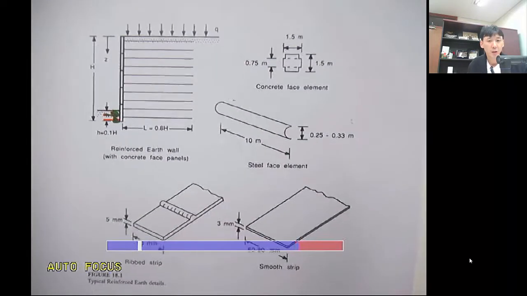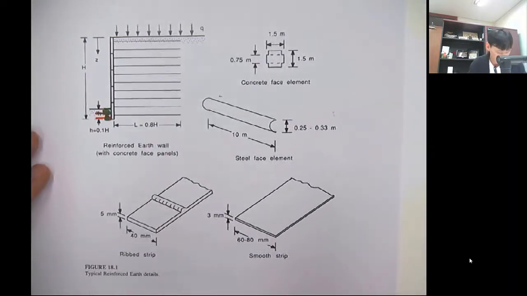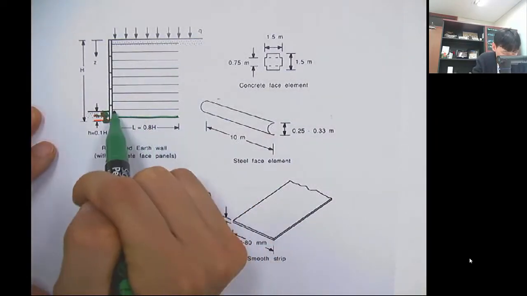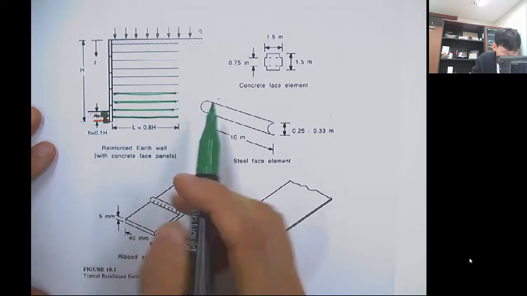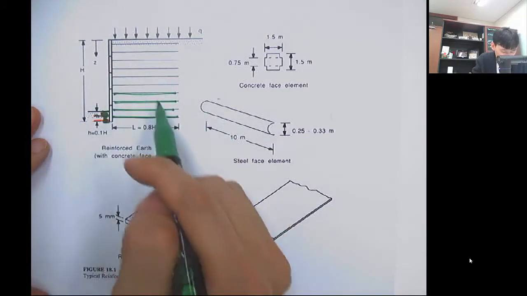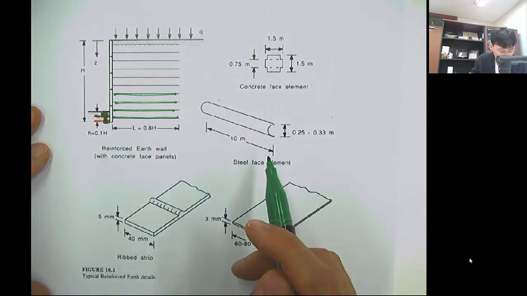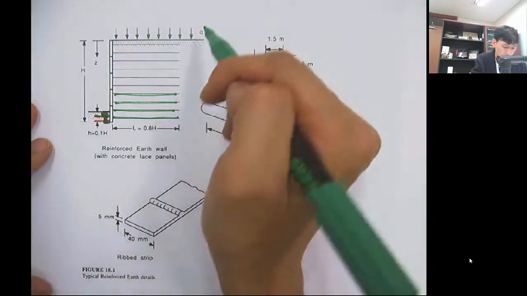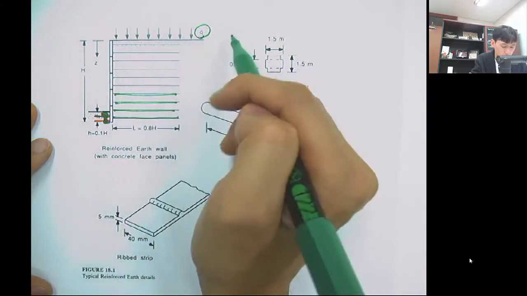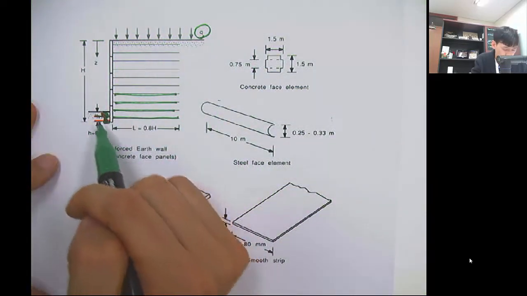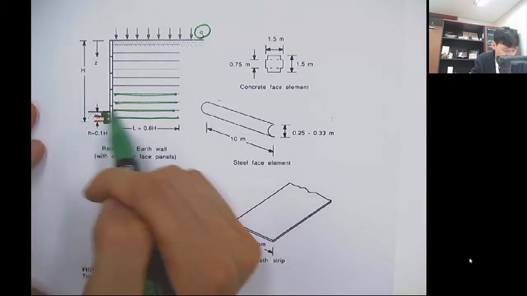Okay, the second page shows a typical reinforced earth wall. You have a reinforcing material like strips here, inserted at regular spacing. And Q, maybe you have some structure or road or pavement, and also there is some depth.